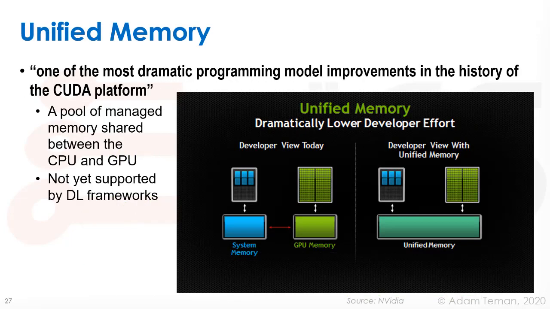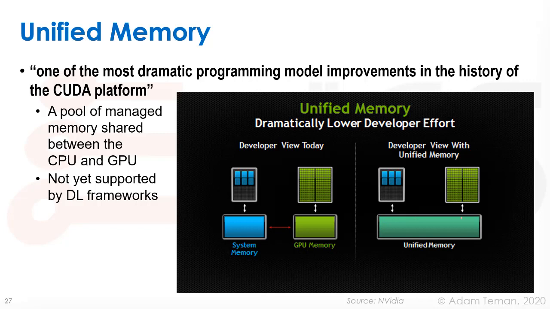One of the things about NVLink is called unified memory, and this is a quote from NVIDIA, that one of the most dramatic programming model improvements in the history of the CUDA platform is this unified memory, and it's a pool of managed memory shared between the CPU and the GPU. It's not yet supported by a lot of deep learning frameworks, but it means that in the past, a developer would have to have the system memory and the GPU memory, and they'd have a separate memory space, and the programmer would have to deal with that.